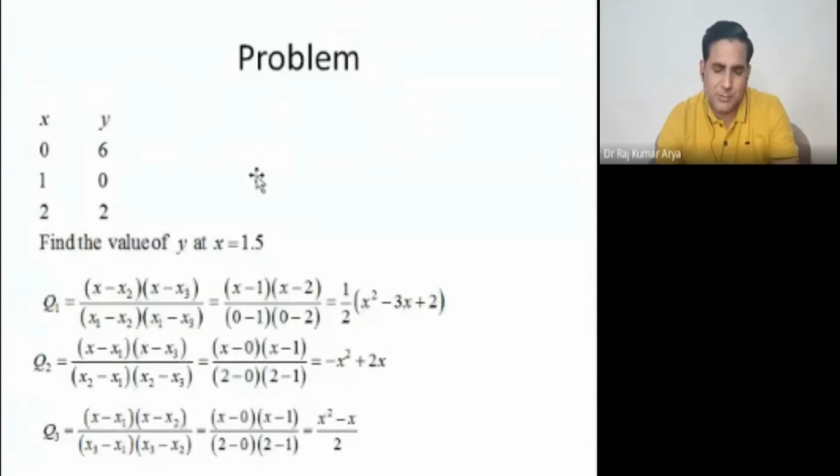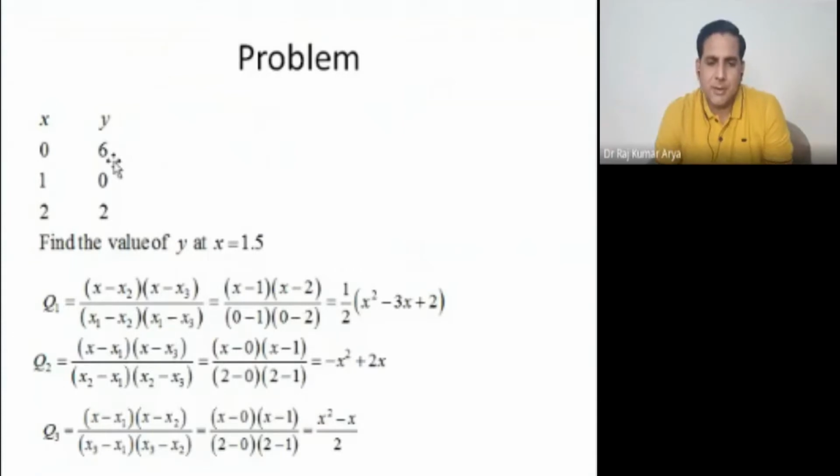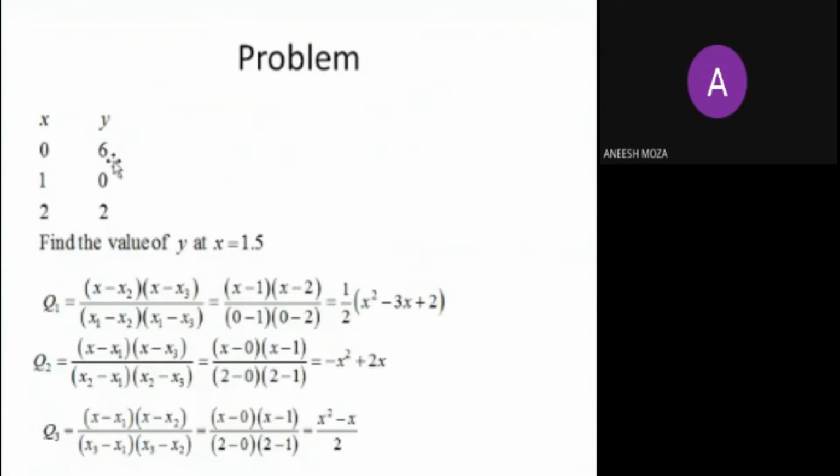Sir, I have a doubt. In that interpolation method, we have to find y at x equal to 1.5. Correct. So we have to take the interval between x1 and x2, not x0 and x1, right? Yeah. You have to take that only, because your unknown value comes in between that segment.